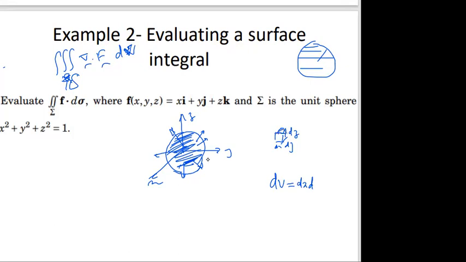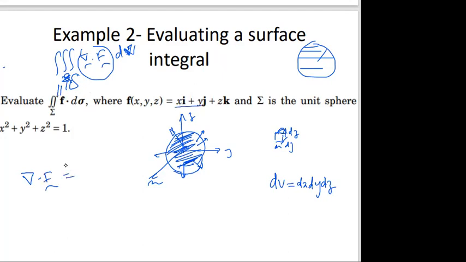Okay. All right. So this is dV. Let's find the divergence of F. So this is from the divergence theorem, this identity, right? I use the divergence theorem to compute this surface integral. So gradient dotted with F.